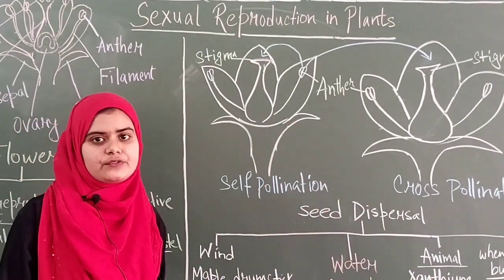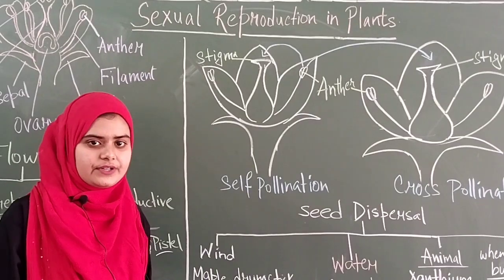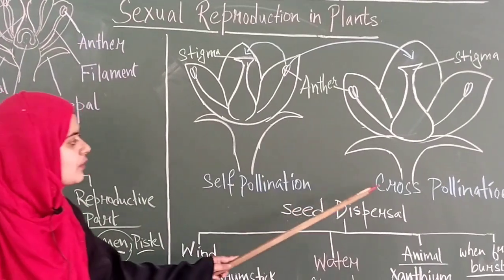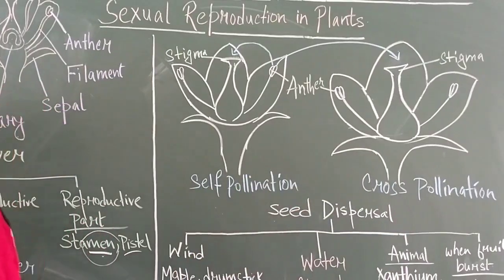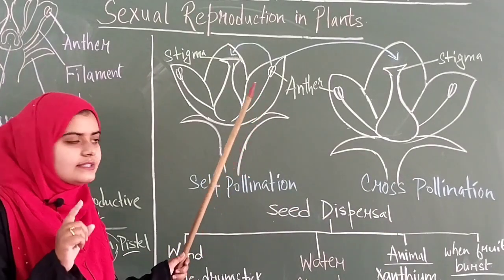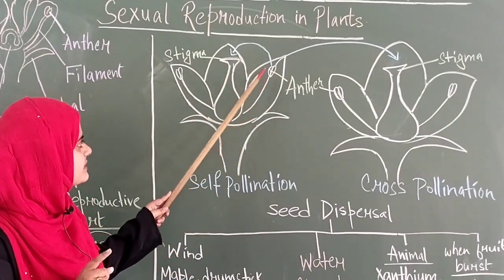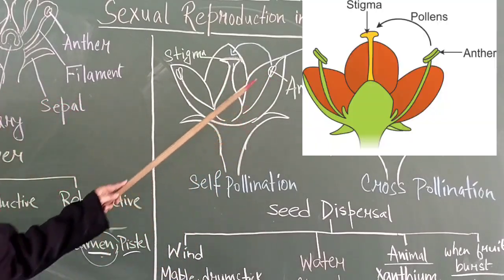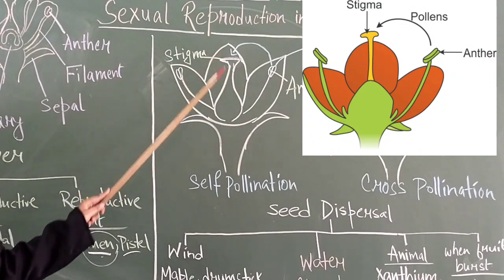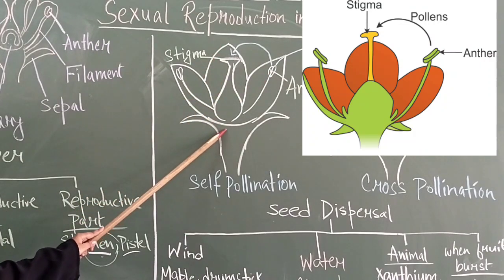There are two kinds of pollination. The first is self-pollination and the other is cross-pollination. What is self-pollination? Self-pollination happens within the same flower. Like from here, from the anther to the stigma it will come and pollination will happen here.